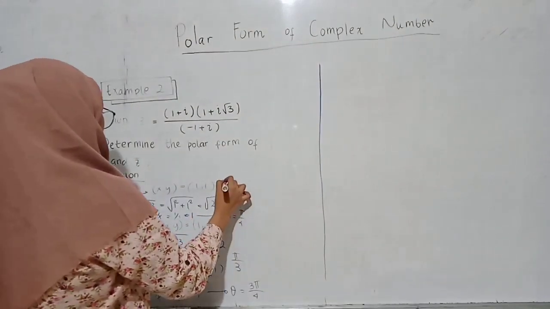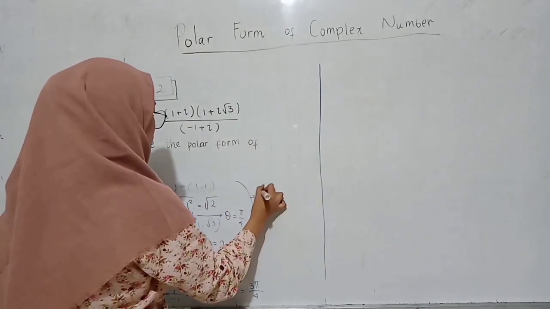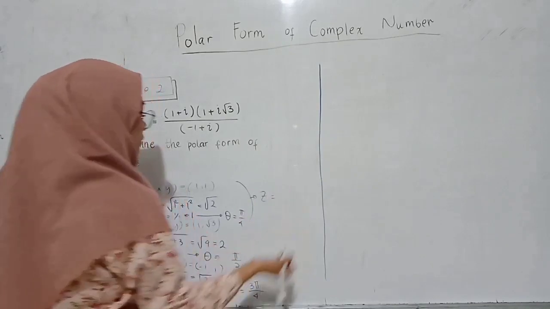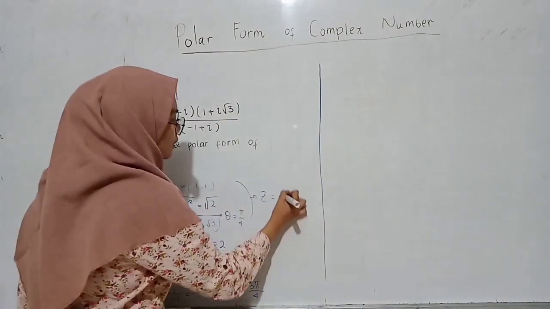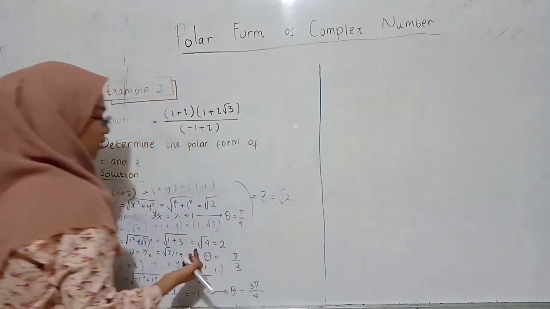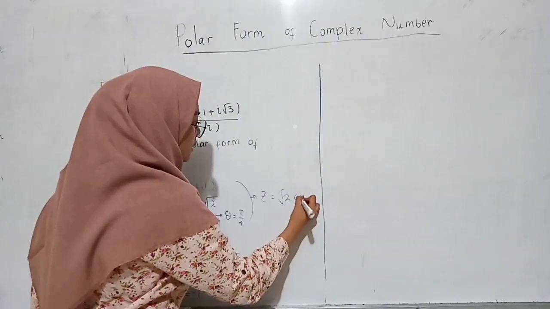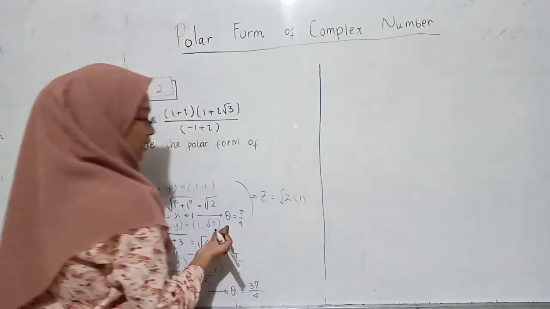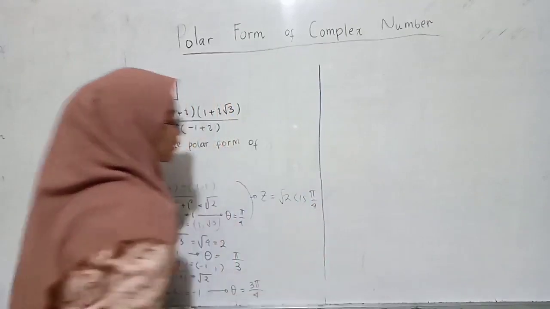Here we can get the polar form for each part. The first part, the polar form is z equals r, √2, and then we use cis here, so it will be cis theta. This theta means cis π over 4.